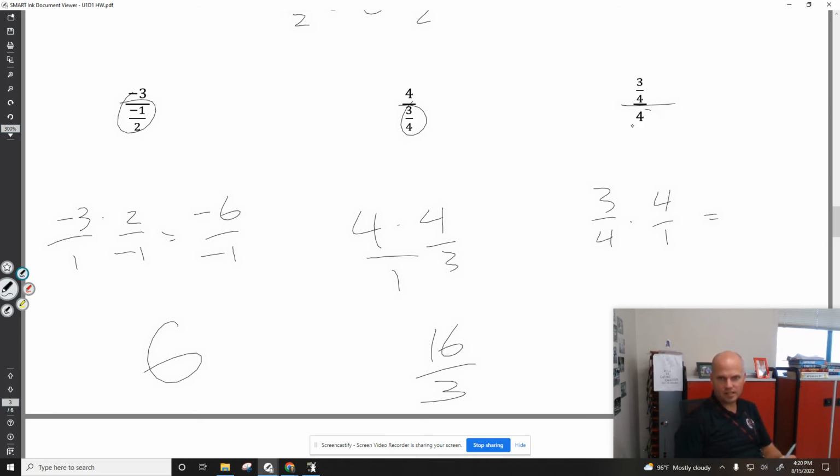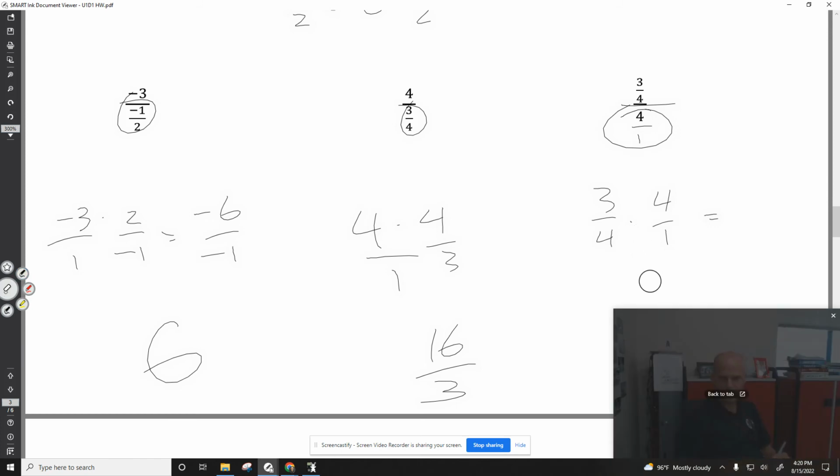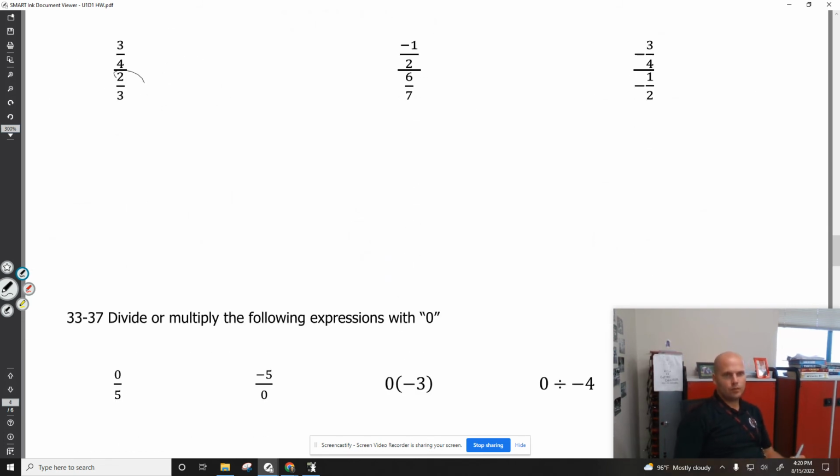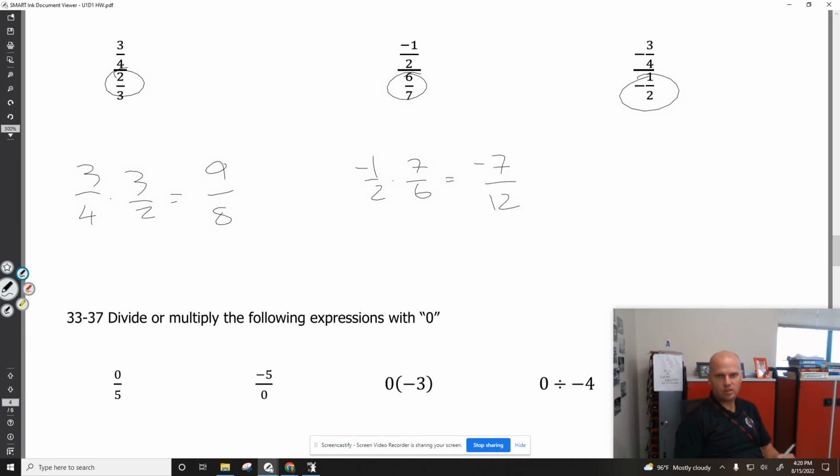Flip this. Come on, Mr. Master. Even teachers make mistakes, and that's okay. Flip 4 over 1, 1 over 4. Split 3/4 into fourths, 3/16. Flip that, flip that, flip that. 9/8. -7/12. 6/4, which is 3 halves.